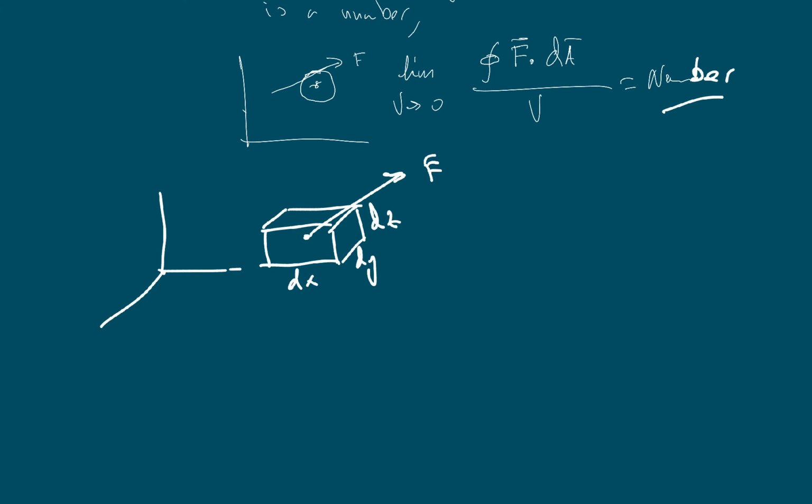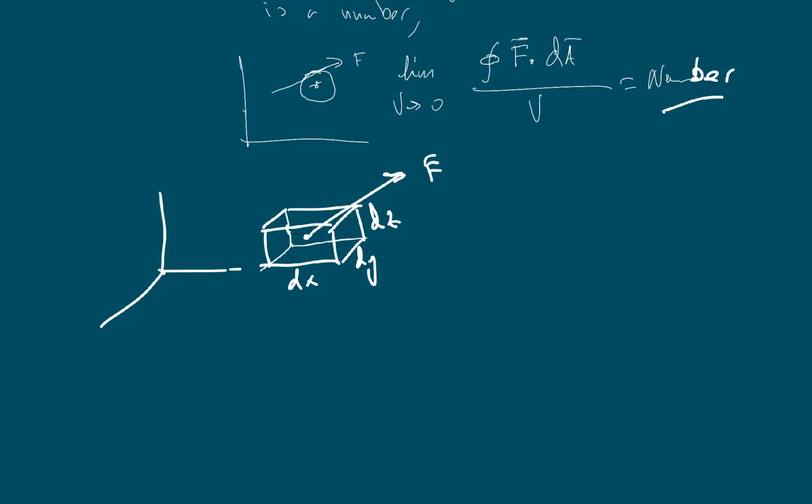So how will we find the divergence? We need to find the flux. So let's find the flux through this side and the flux through the other side. So we find the flux through all the sides of the vector field.